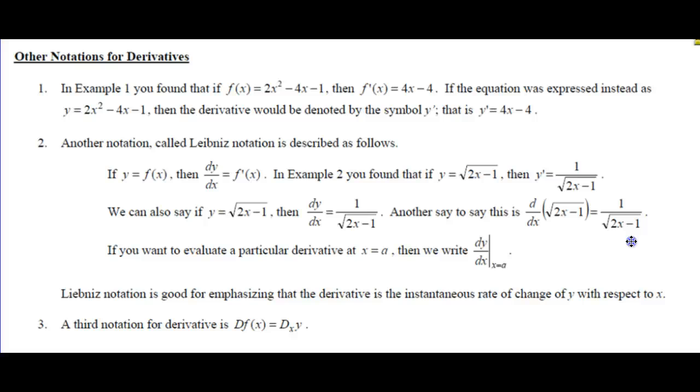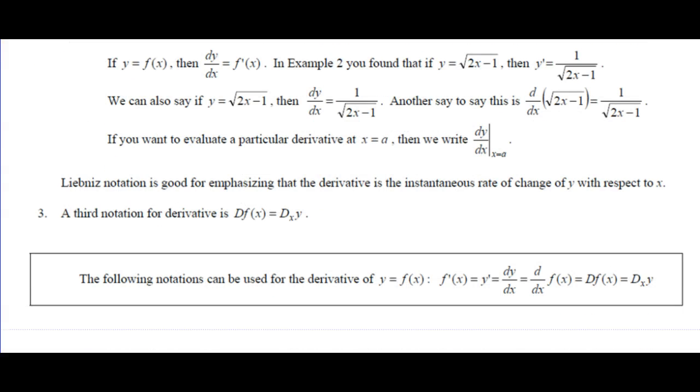Put a vertical line and say you're going to evaluate that. So that's the derivative evaluated at x equals a. Leibniz notation is good for emphasizing the derivative is the instantaneous rate of change of y with respect to x, right? So it implies change of y with respect to a change in x, right? Or the change of y with respect to x.